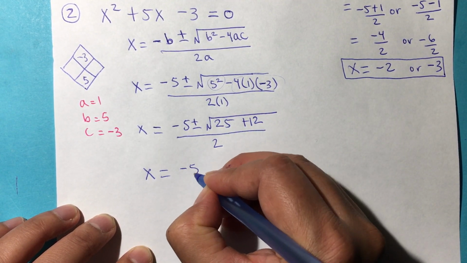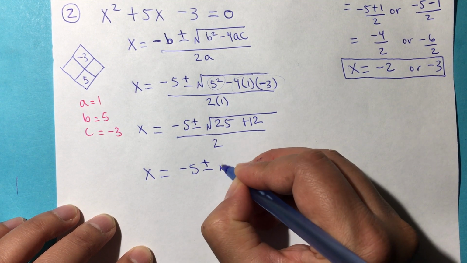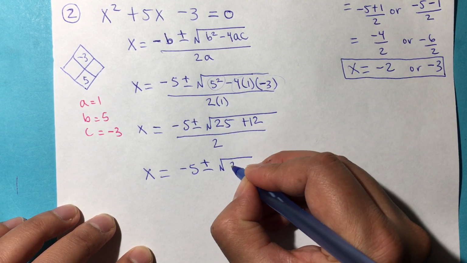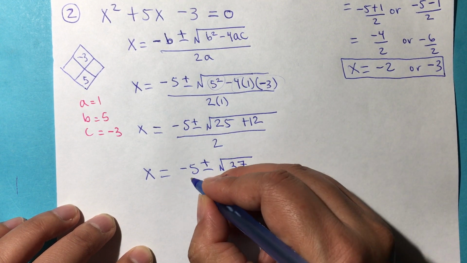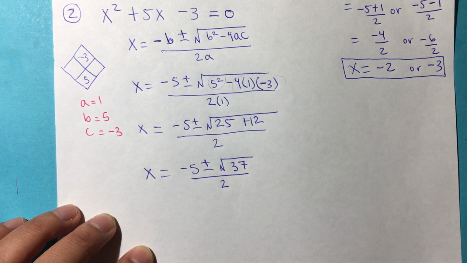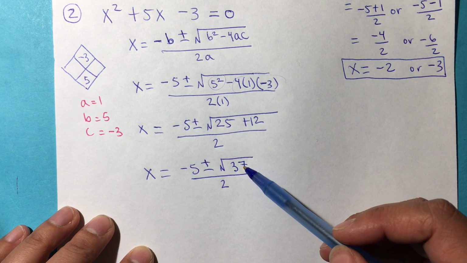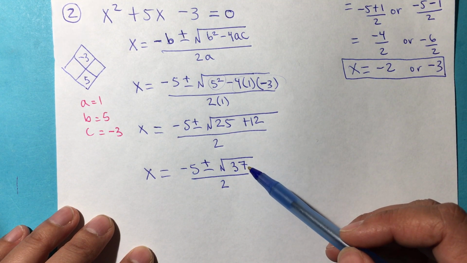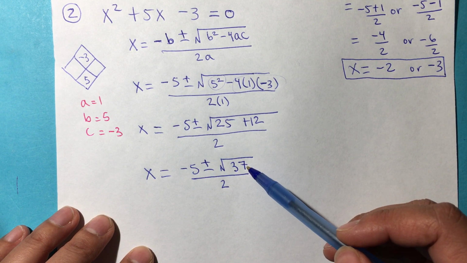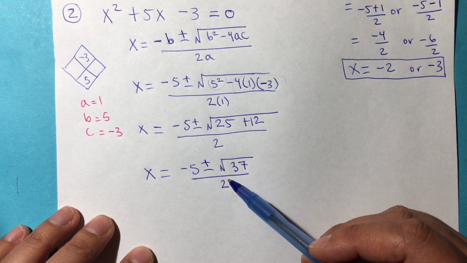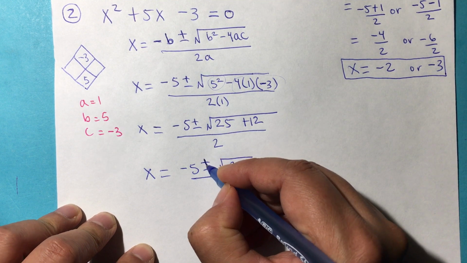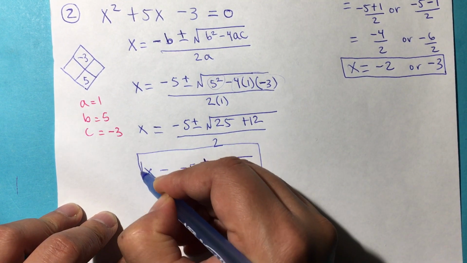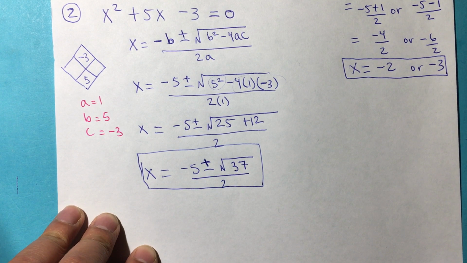Bring down negative 5 plus minus the square root of 25 plus 12 gives us 37 divided by 2. And in here, there is no square root of 37, and we can't simplify it either, so that's all we can do, okay? By having the plus and minus, that's already two answers, but we cannot simplify it anymore. That's how you leave it.